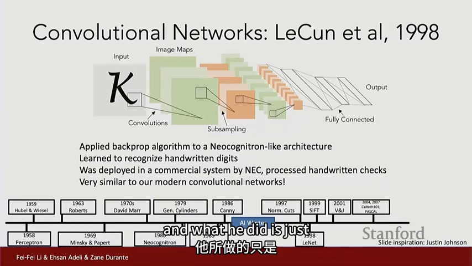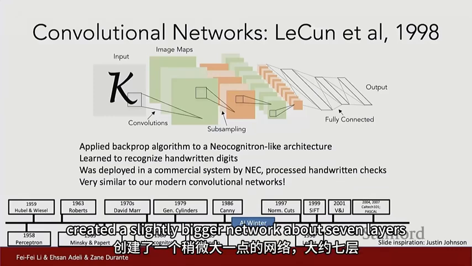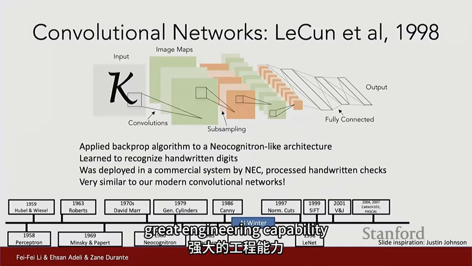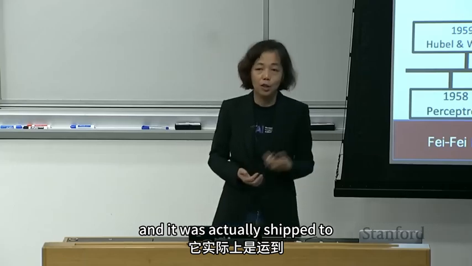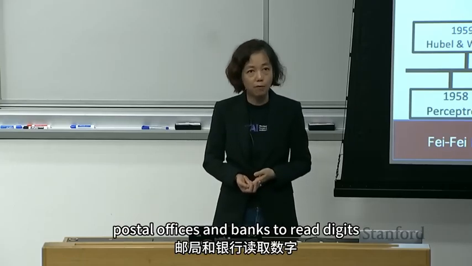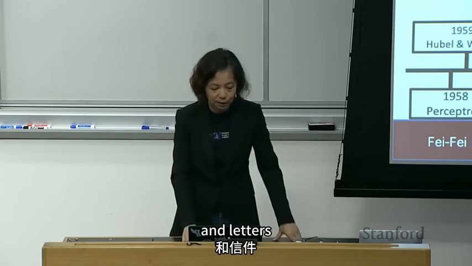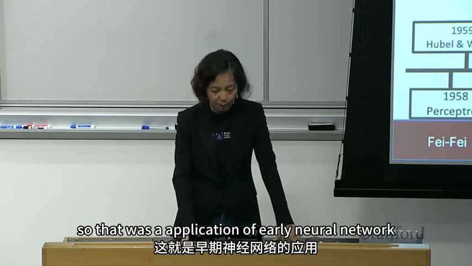He created a slightly bigger network, about 7 layers, and with great engineering made it good enough to recognize letters. It was actually shipped to some U.S. postal offices and banks to read digits and letters. So that was an application of early neural networks.